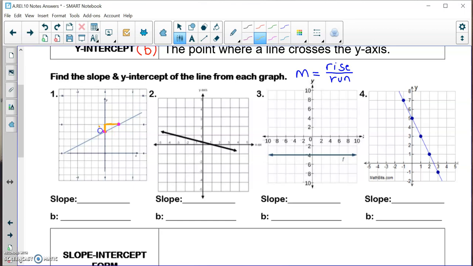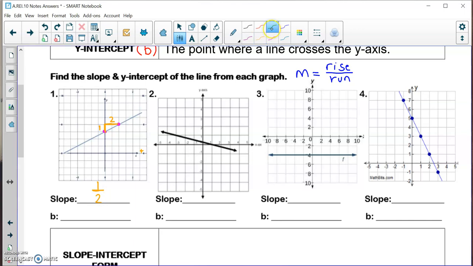Going up 1 is a positive 1. And then I went over 2 towards the positive side. Positive side is to the right on my graph. So that's a positive 2.